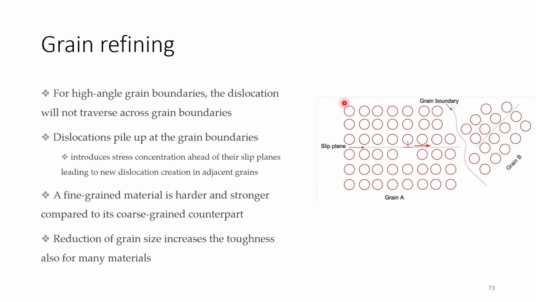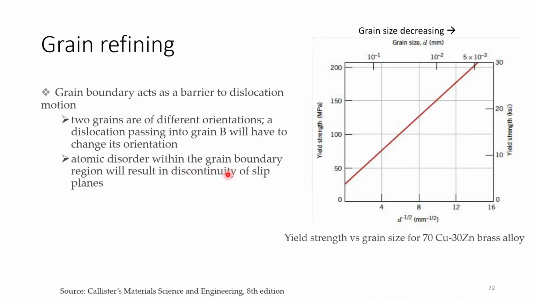Here at the grain boundary, the atoms are not at the equilibrium distance. Here you can see a graph between yield strength and grain size. As the grain size keeps decreasing, the yield strength keeps increasing. This is for a copper zinc alloy.